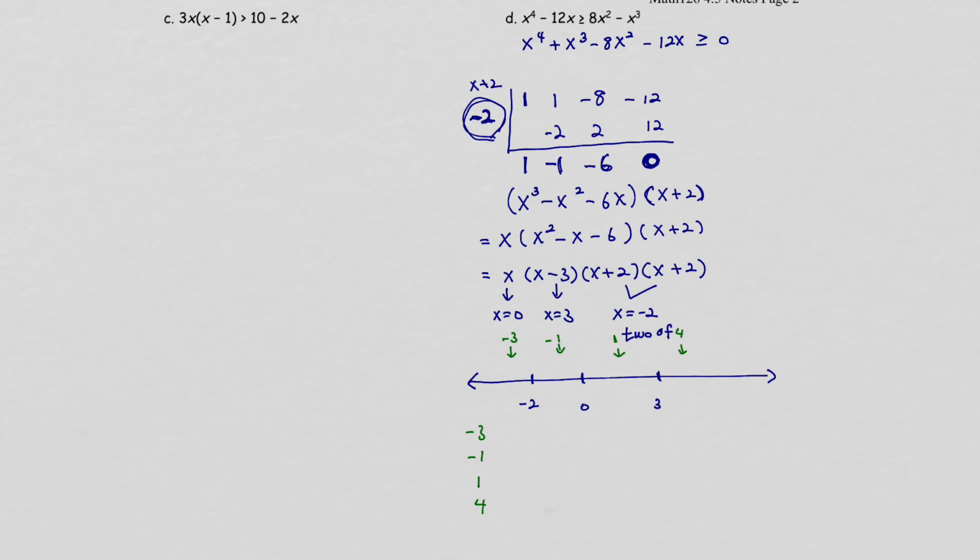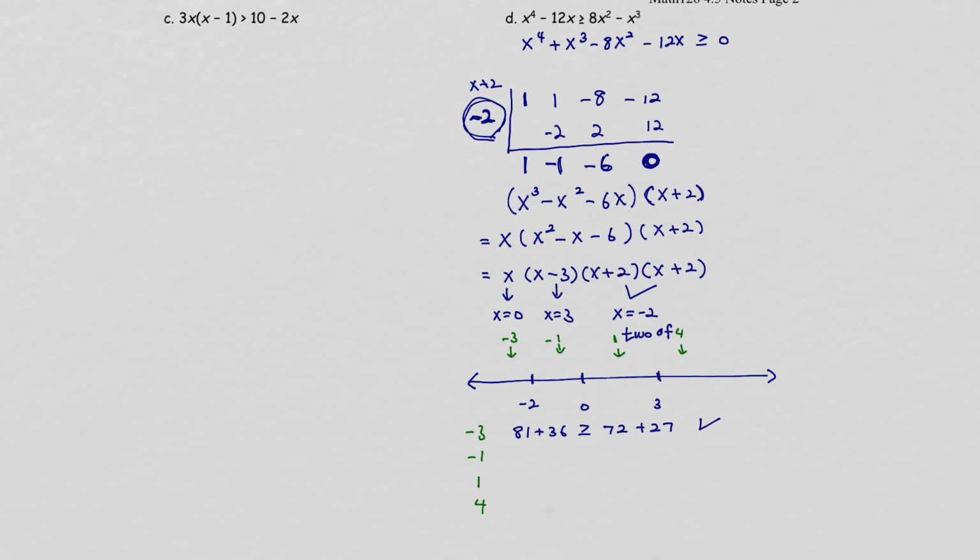If it's negative 3, it will be 81 plus 36. And then 8 times negative 3 squared minus negative 3 cubed. That's 72 plus 27. And it looks like, yes, the left side will be bigger.